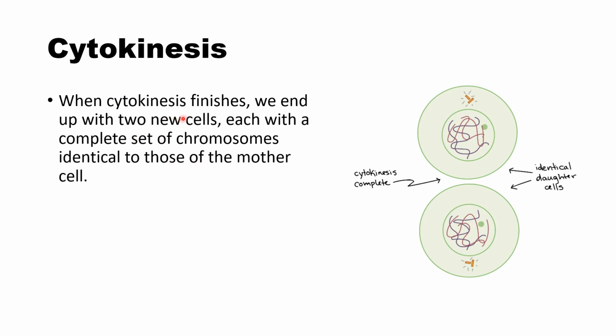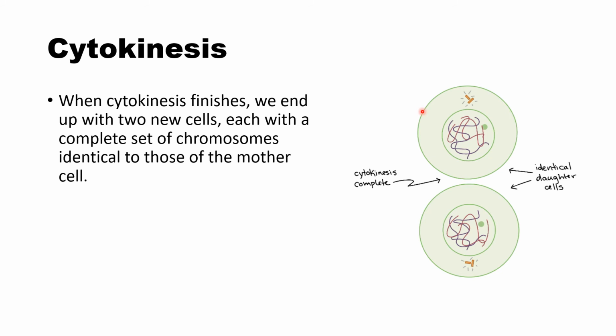When the cytokinesis finishes, we end up with two new cells, each with a complete set of chromosomes identical to those of the mother cell. So, di ba kanina yung diniscuss ko yung definition of mitosis, sinabi ko na yung goal niya is to parang yung parent cell will divide into two new daughter cells.